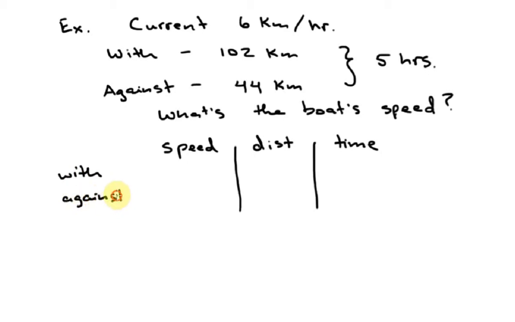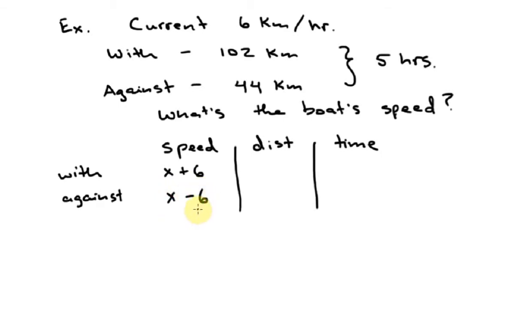Okay. So let's see here. What do we know about the speed with the current? Well, we don't know the boat speed, so I'm going to call that x. But I do know it would be x plus 6, because you're going with the current. And if we turn around, it would be x minus 6.